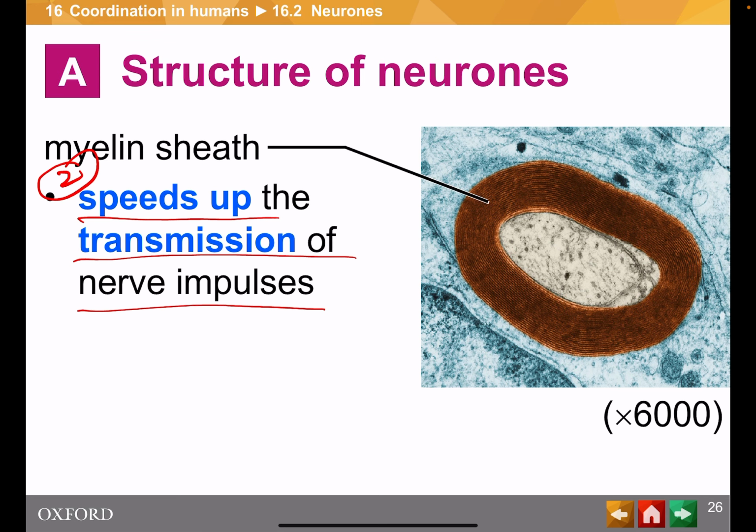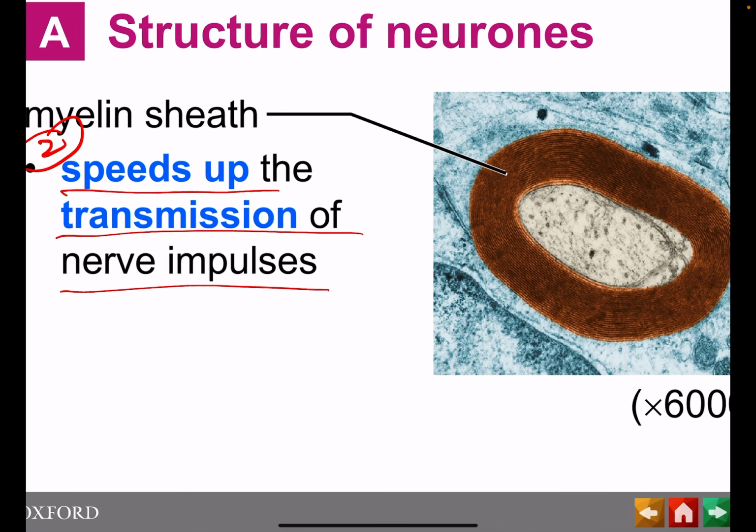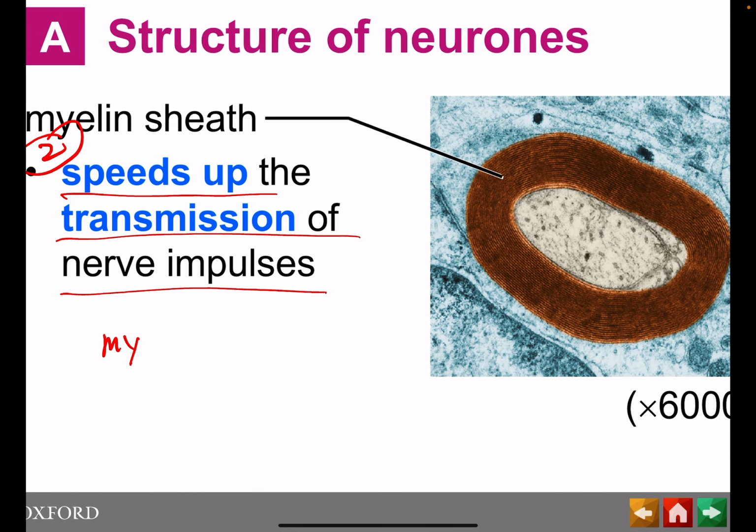But how? It's not in our syllabus. I will tell you later if you're interested. But very important, I'll give you information on how much it speeds up the transmission. I use the word myelinated, which means nerve fibers with the myelin sheath wrapped around them. In myelinated nerves, nerve impulse transmission can be 120 meters per second.